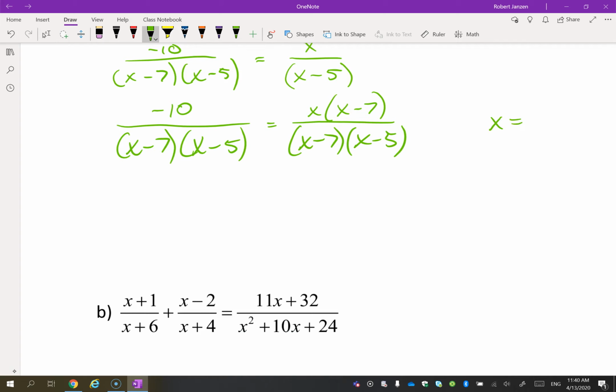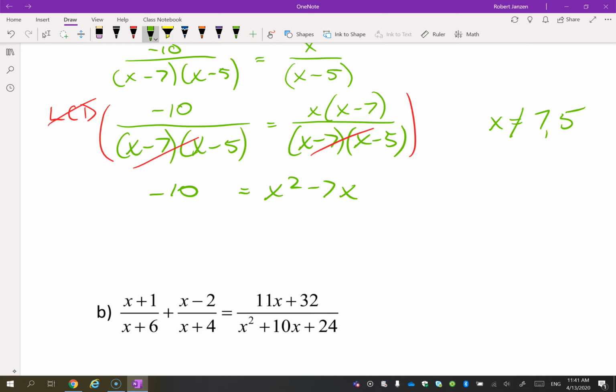Okay, x cannot be 7 or 5. I'm going to multiply the whole thing by the least common denominator. And I end up with negative 10 equals x squared minus 7x.